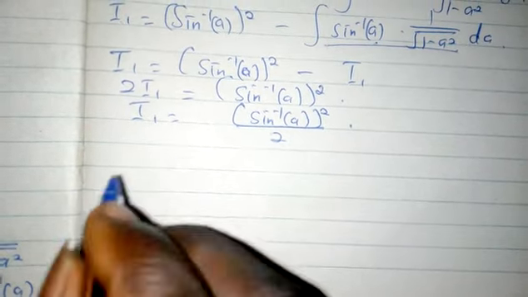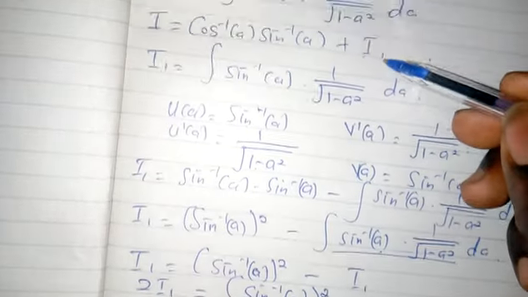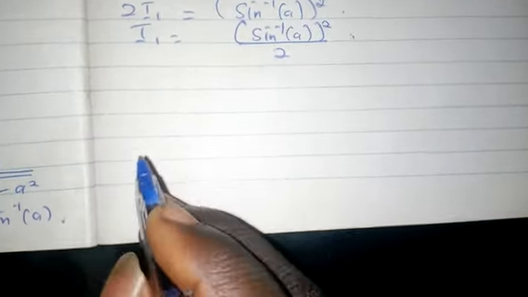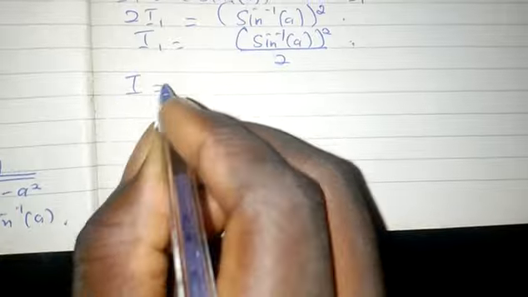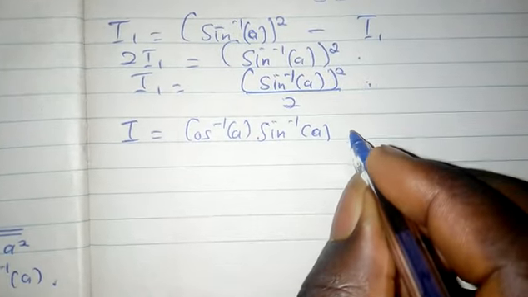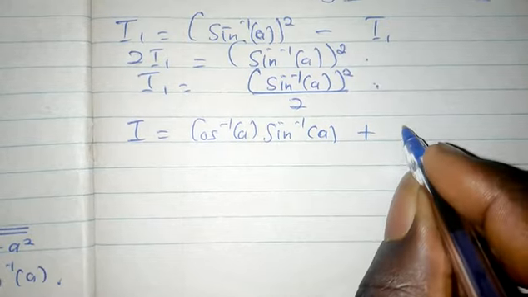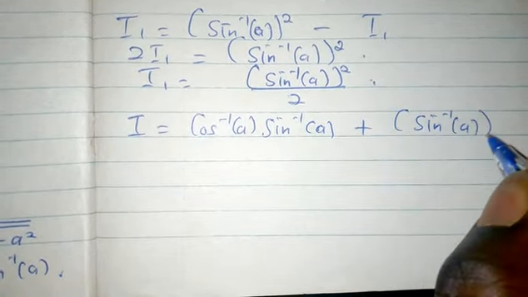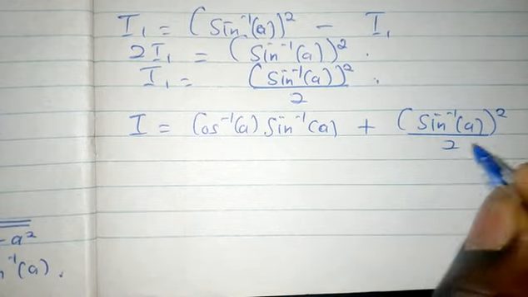Okay, let's continue. So I'm going to put this back into my equation here. So my I is now equal to cos inverse of a sine inverse of a plus sine inverse of a all squared over 2.